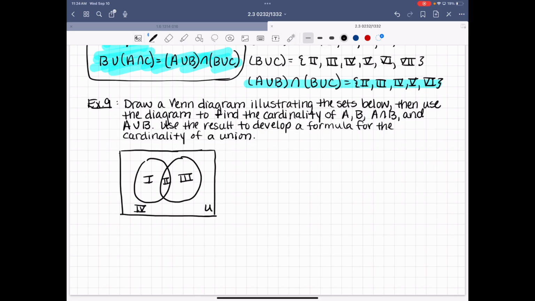It says draw a Venn diagram illustrating the sets below. Then use the diagram to find the cardinality of A.